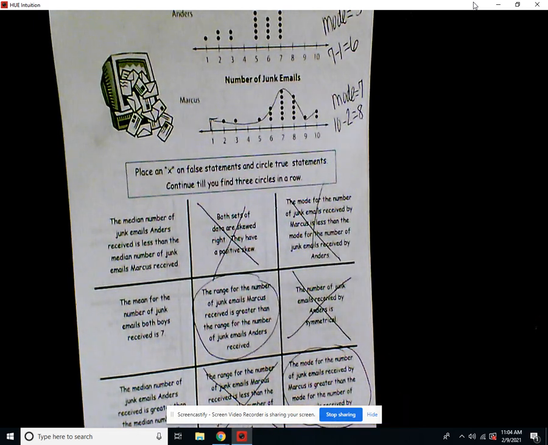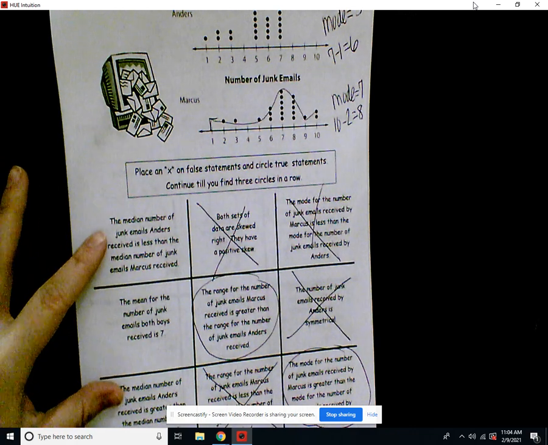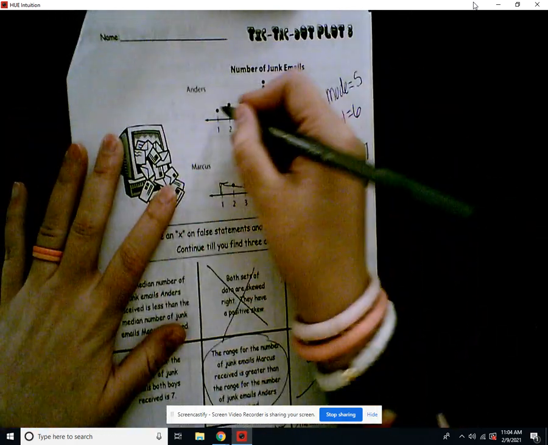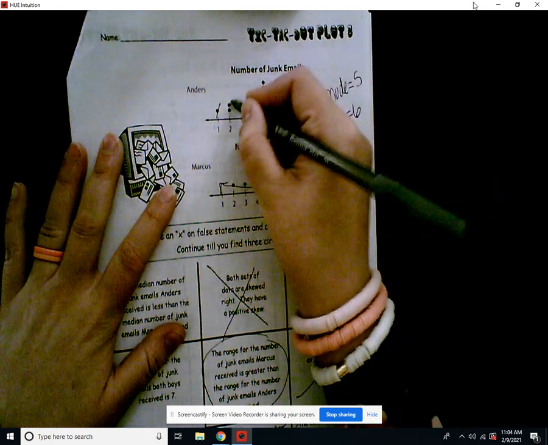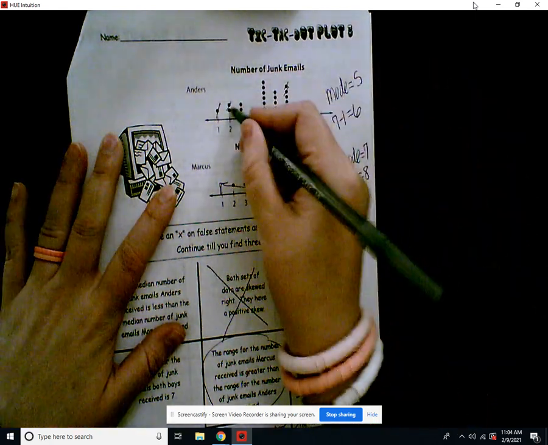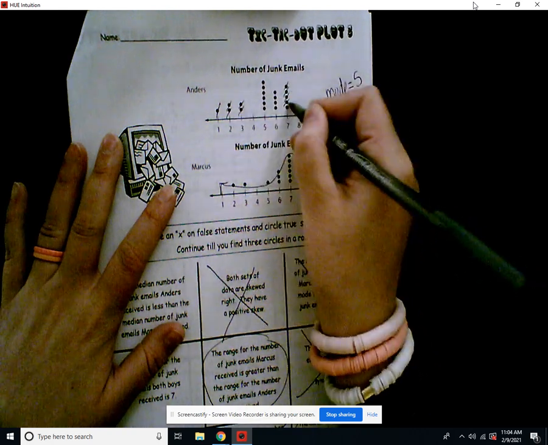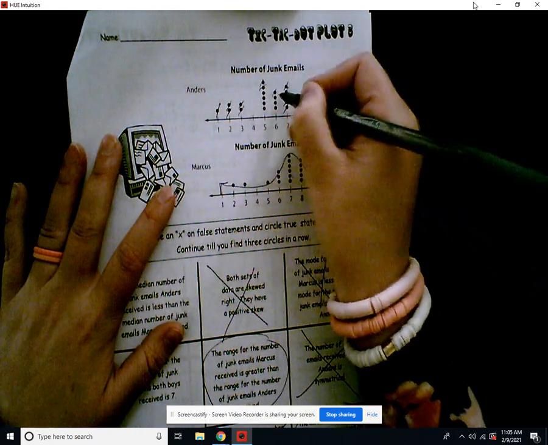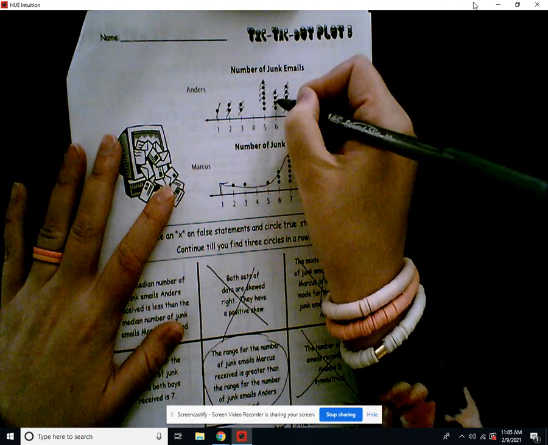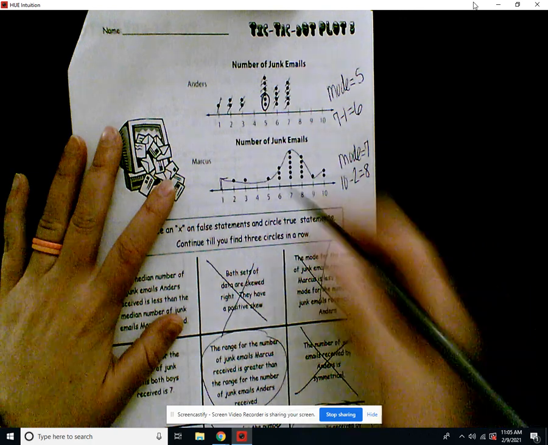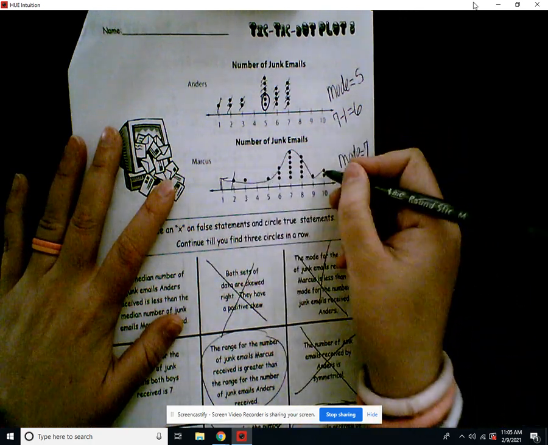All right, so now we're going to look at the medians. Okay, so the median's your middle. So let's start off with Anders. We're going to mark off our dots on both ends till we find the center of the data. So Anders' median is 5. Then we'll do Marcus.